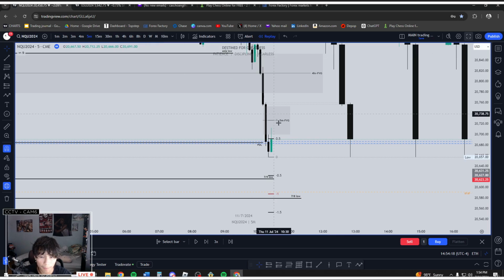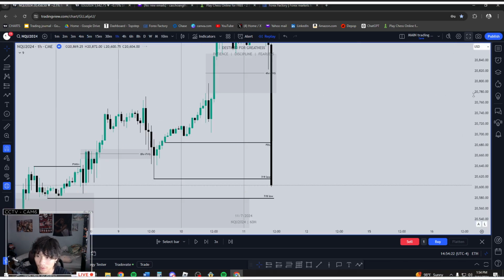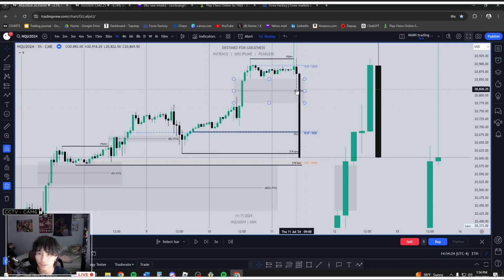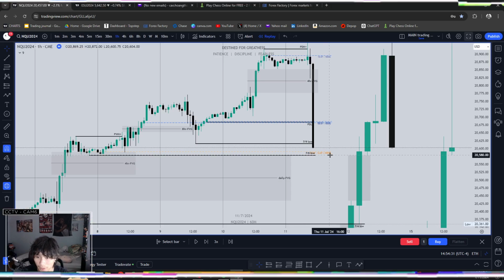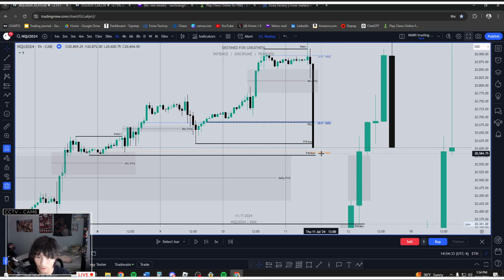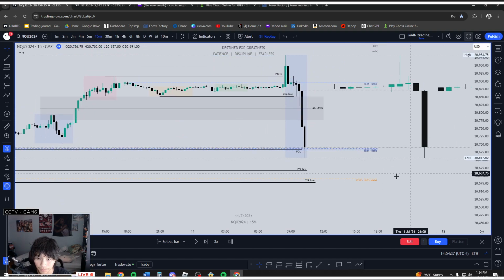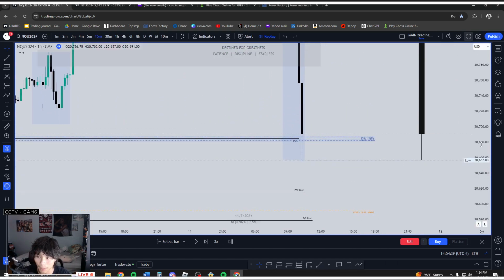Like I said, the lower time frame draw is lower, and on the hourly time frame and the higher time frames, I am anticipating lower prices too. I'm anticipating for us to draw into that July 8th low and July 9th low. We haven't taken them out yet.